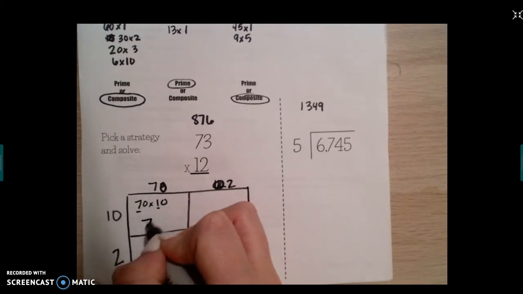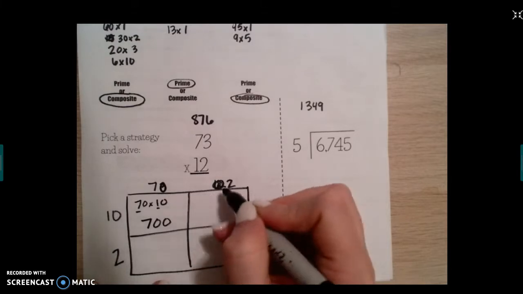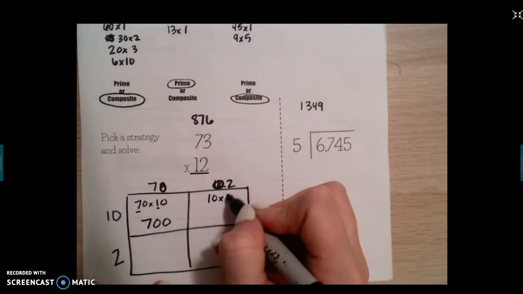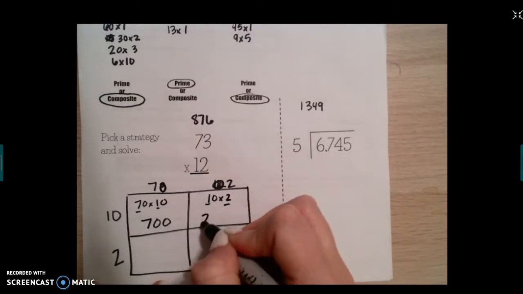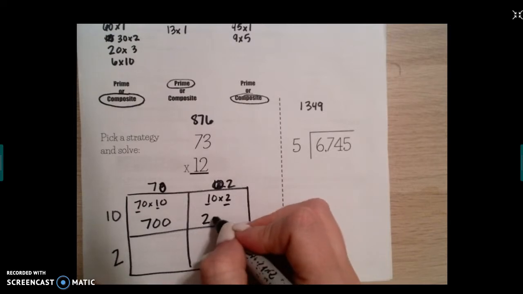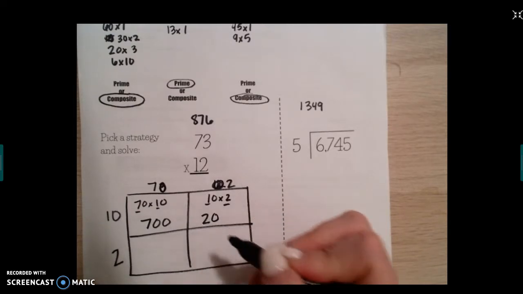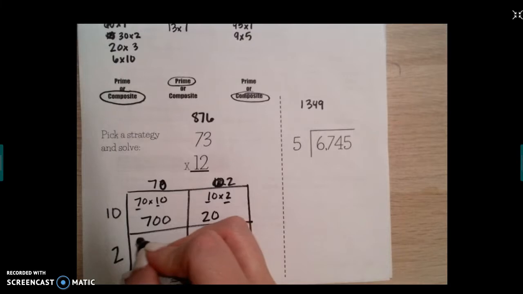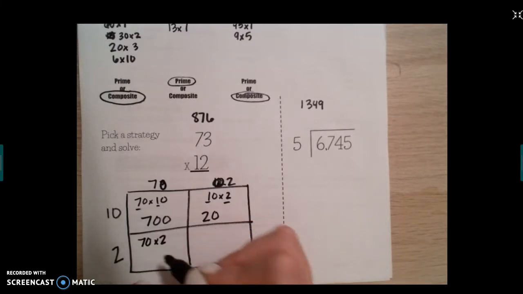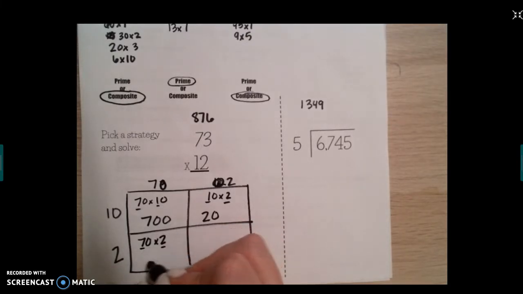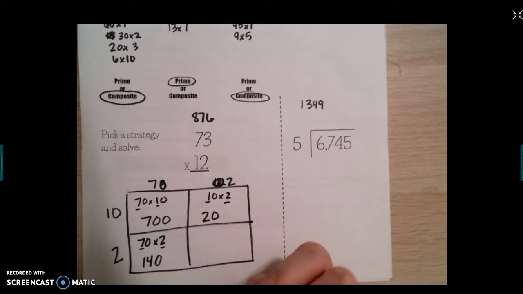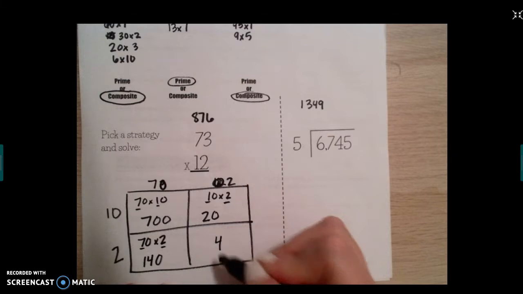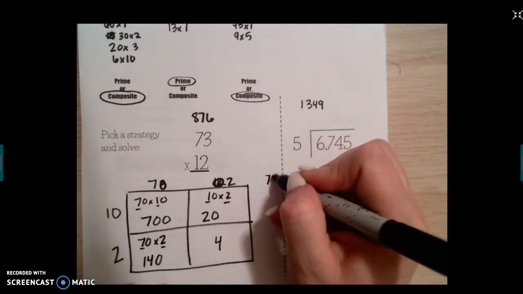The basic fact is 7 plus 2 zeros. 10 times 2. Basic fact is 2 times 1 plus 1 zero. 70 times 2. Basic fact is 7 times 2, which is 14, plus 1 zero. 2 times 2 is 4. Then we're going to line all those up.